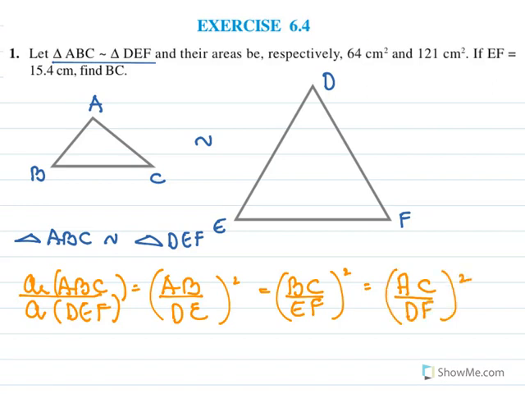In this sum, the area of ABC is given as 64 and DEF is given as 121. So let's write that: 64 over 121 equal to.